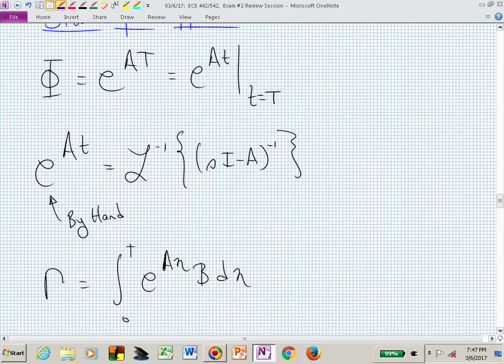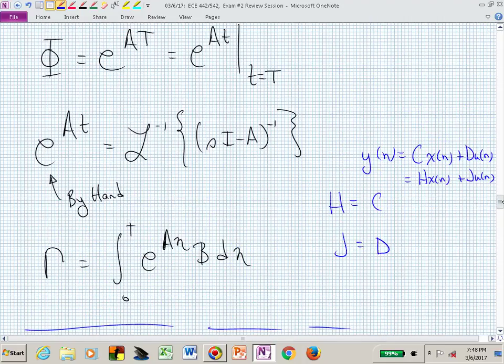In this case, H would be C and J would be D. If we have y of n is now C x of n plus D u of n, that's the same as H x of n plus J u of n, which is like homework problem 5, sort of, but that was doing it not from the zero order hold equivalent, that was doing it as a numerical integration approach.